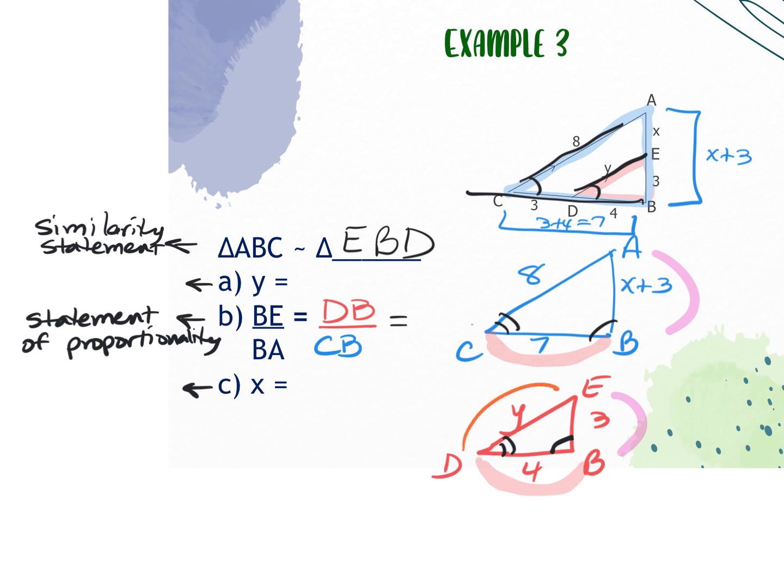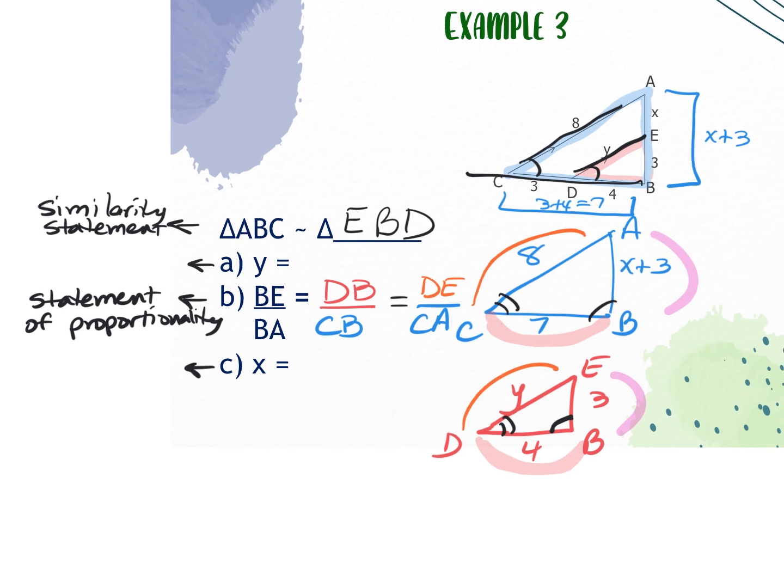The DE is going to match with the AC. I could have also referred back to my similarity statement to find the matches as well. So this will be DE is going to be proportional to the CA. That's your statement of proportionality.